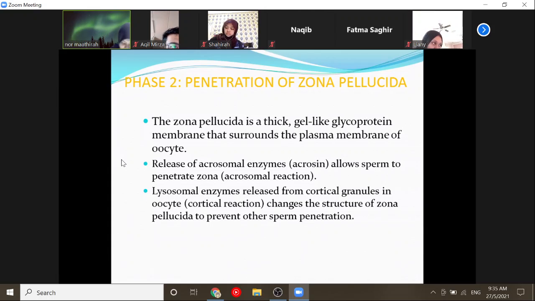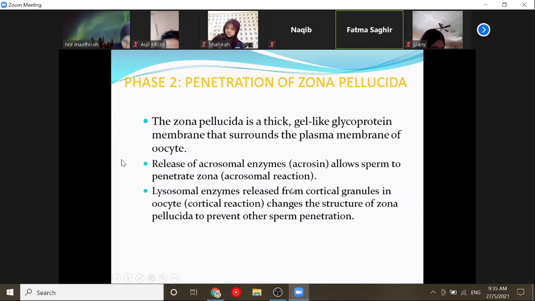And trigger the enzyme to release. Yes. Okay. So binding, this point is very important. Once the sperm binds with the receptor, this will lead to more than one thing actually, but one of the things, last class we stopped at, is the acrosomal reaction.